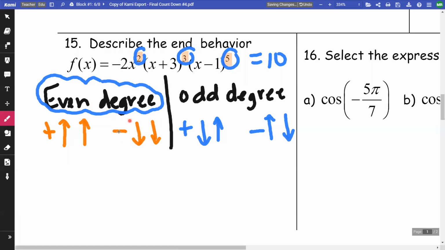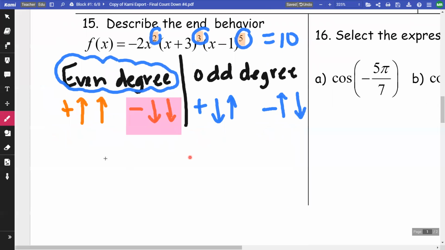So this is my answer. Because it is even, it's either going to be up, up, or down, down. Because it's negative, it's like an open down parabola. It is down, down, and that would be your answer.